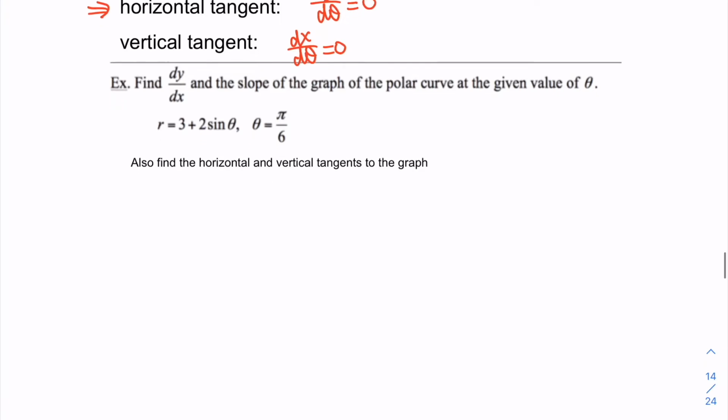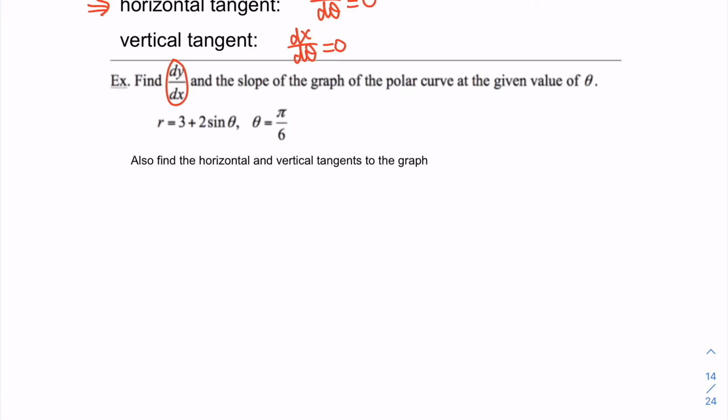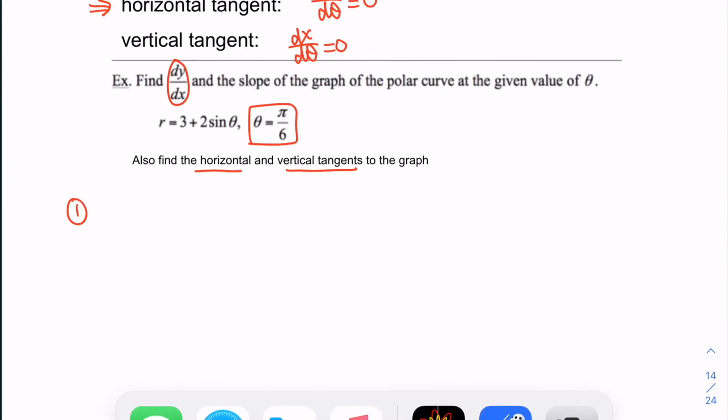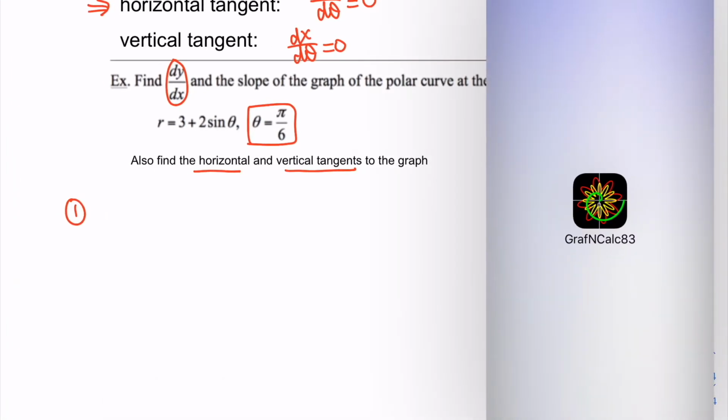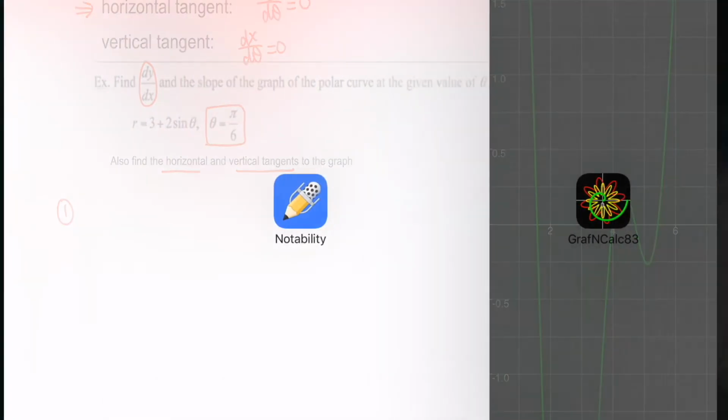Let's have a look at one example. Find dy over dx and the slope of the graph at theta equals pi over 6. Find horizontal and vertical tangents. First, look at the graph of r equals sine 2 theta.